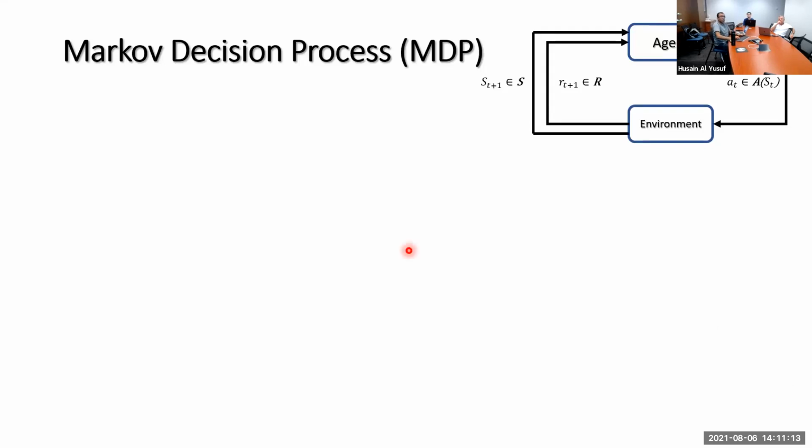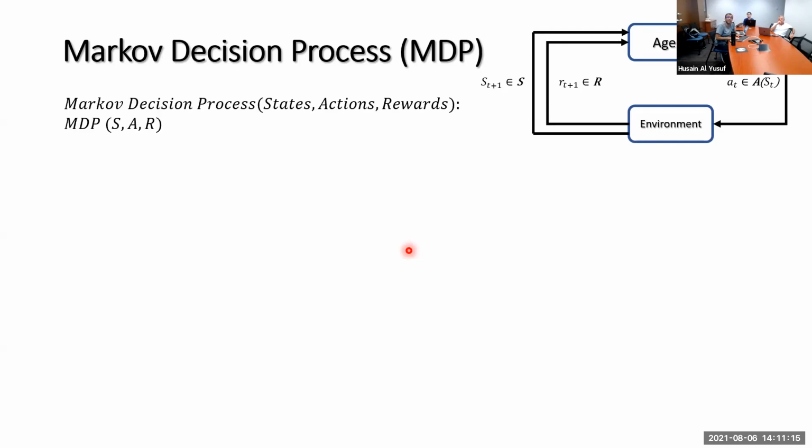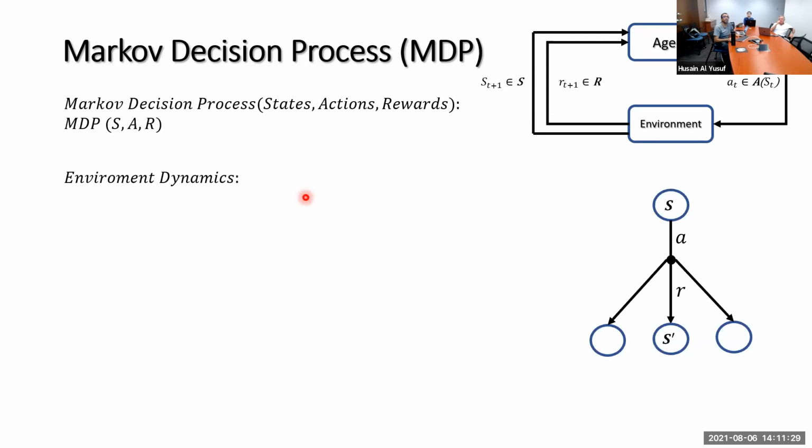Other notations or terms that we need to understand, just briefly. We can define a Markov decision process by state, action, and rewards. This is how you define a Markov decision process, and you need to understand the dynamics of the Markov decision process. What does a dynamic mean?